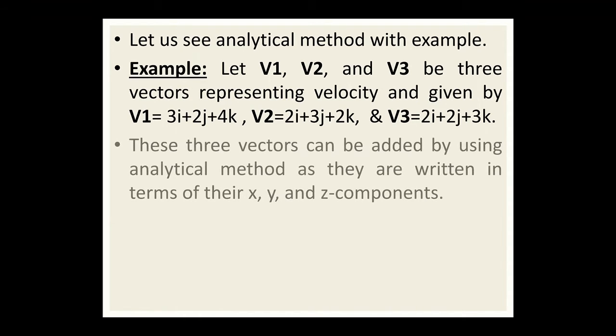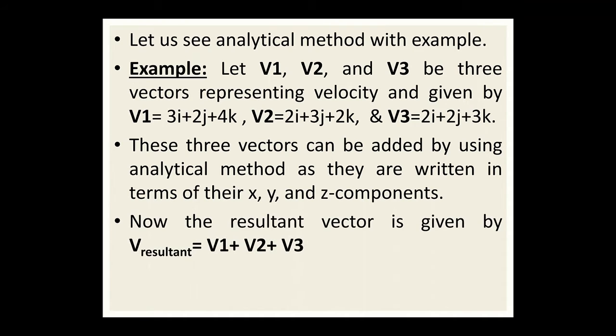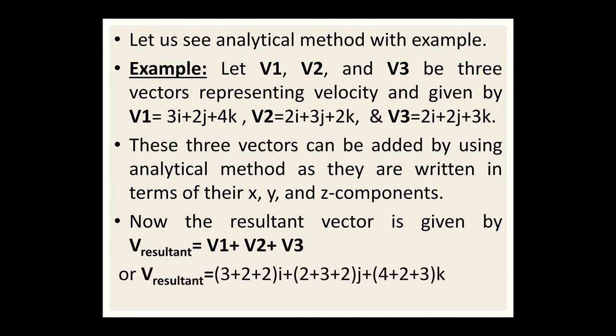These three vectors can be added by using the analytical method as they are written in terms of their x, y and z components. Now the resultant vector is given by v resultant equals v1 plus v2 plus v3, where v resultant is the sum of all three vectors.